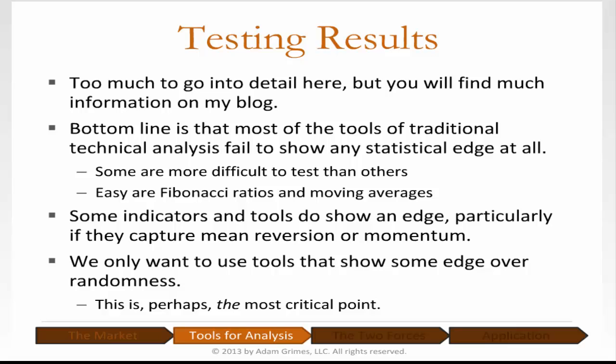Some standard indicators do show an edge, but you have to know how to use them. You need to know what that edge looks like. You need to know how to apply it. One of the things we see with indicators is people apply them in ways like, for instance, RSI has an edge. RSI has a statistical edge for identifying overbought, oversold points. There are other ways to use it.